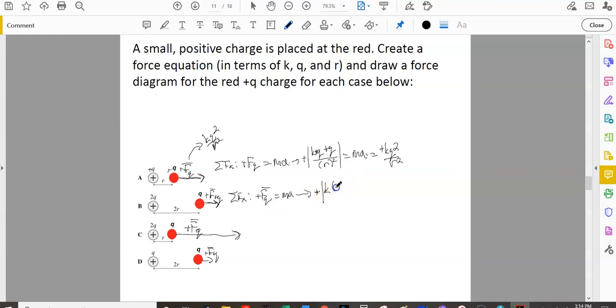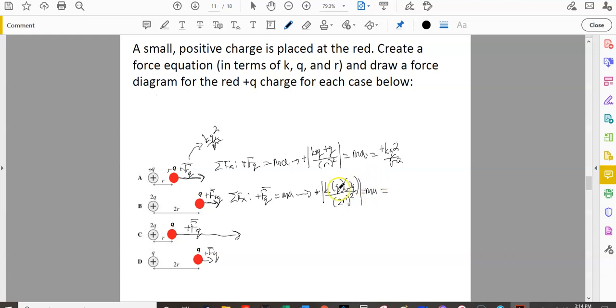I want to do my red charge first, and then the charge that's causing my force second. So the gray charge was 2Q, so I'm putting that second. And now their distance is 2r apart, and you're squaring that. And that's equal to mass times acceleration.